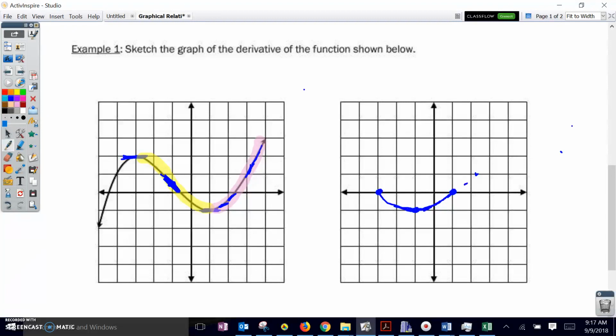Right about this interval, it appears the slope is around 2. So it's starting to level off as we get out here. It's about 2 in this neighborhood, and it's starting to level off. So it probably looks something like this. Like I said, this is a sketch, so realize that we're not exactly precise in doing this. We're just getting close.